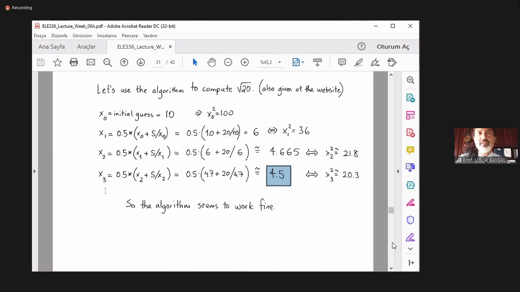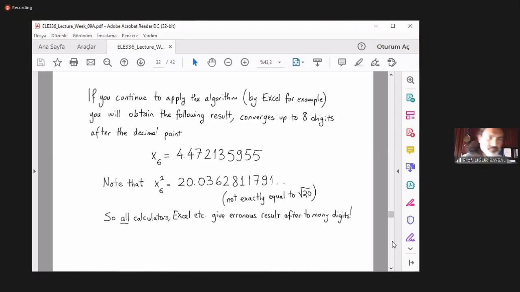But we can stop at any moment. We can say that the square root of 20 is between 4 and 5. Why? Because 4 squared is 16, 5 squared is 25, 20 is in between. But how come? Okay. So 4.5 is a nice guess. Or 4.4 could be a better guess, etc. It depends on your precision.